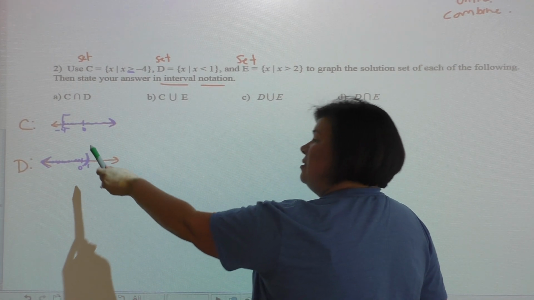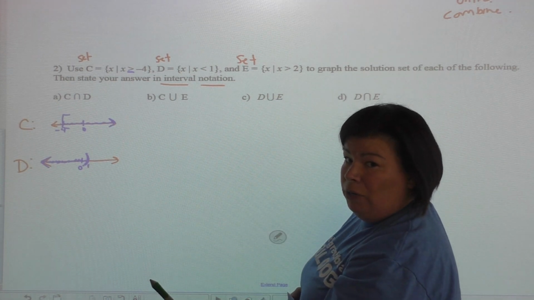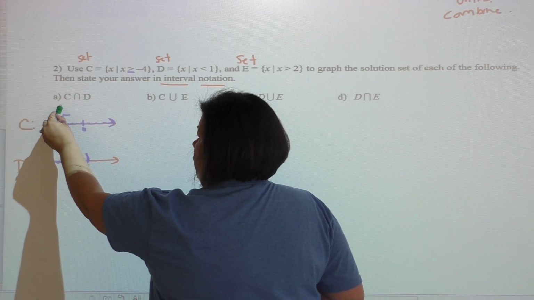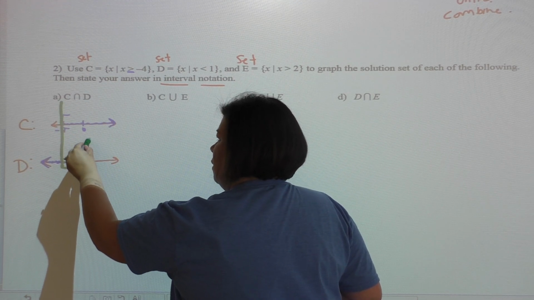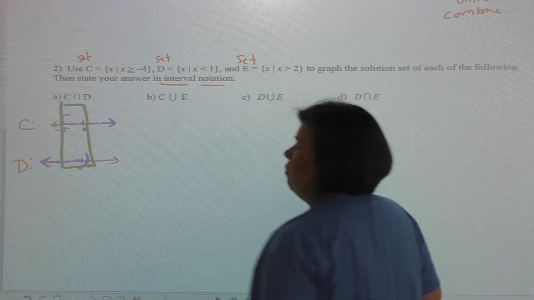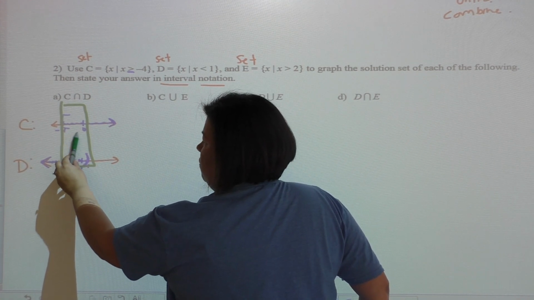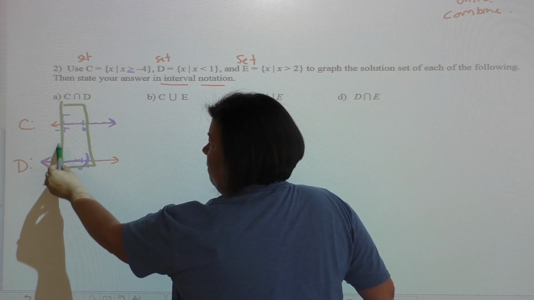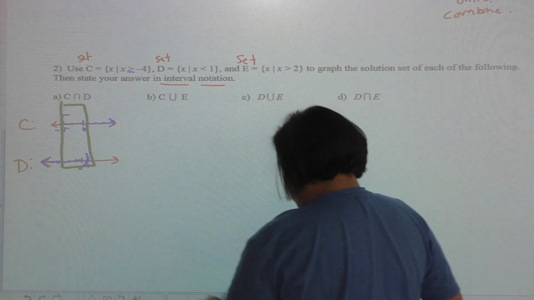And set D goes from -infinity all the way up to, but not including 1. So really they're overlapping right there. Because if you see, this is where they overlap, and they overlap at -4. This is -4 here, and this is all the way up until 1.